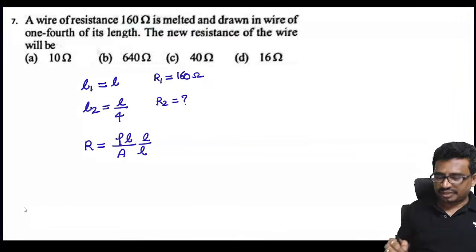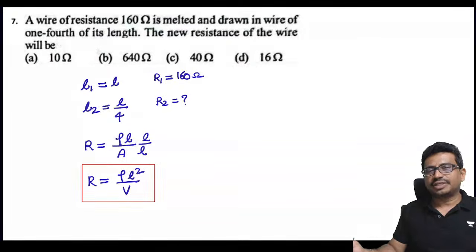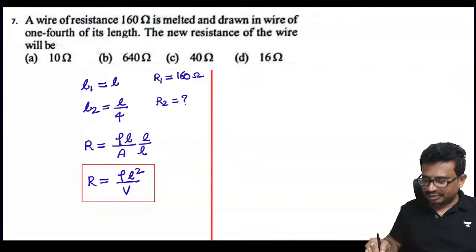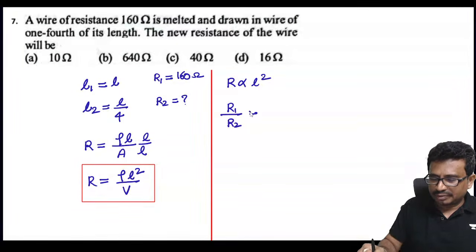Previously the radius was given. Now I can write R equal to rho L square by volume, where rho is the resistivity and V is the volume. Resistivity and volume remain constant, so R is proportional to L square. Then we can say R1 by R2 is equal to L1 by L2 whole square.